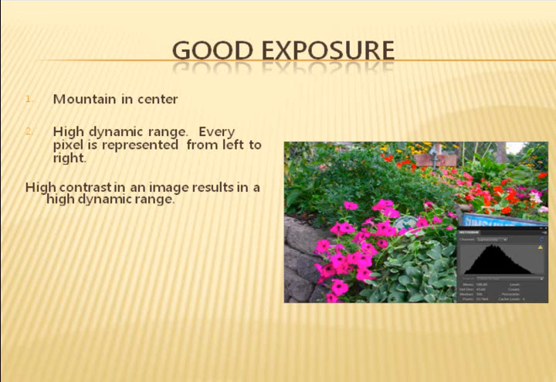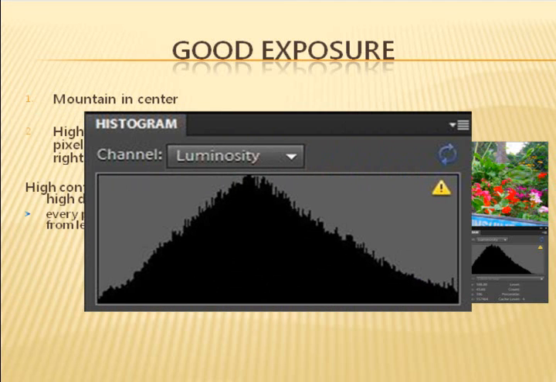So contrast is having a wide range from light to dark or dark to light. And every pixel is represented on the graph from left to right. Here is a better example of a high contrast photo.